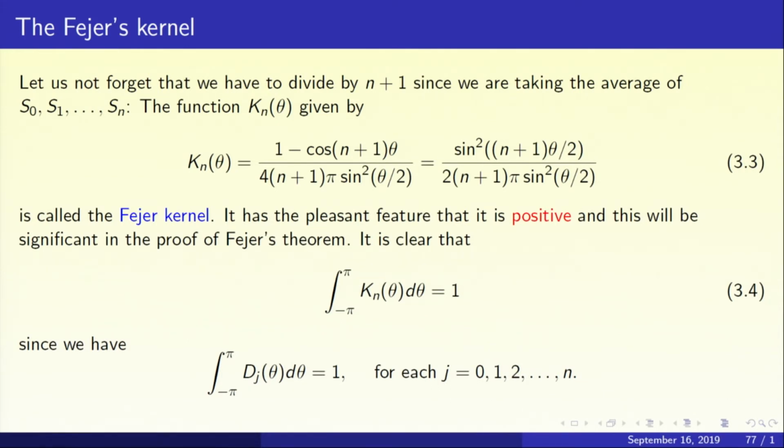What should we do now? Multiply by f of x. So, we get the integral from minus pi to pi of f x kn theta d theta equal to f x. So, that is the next thing that we do.